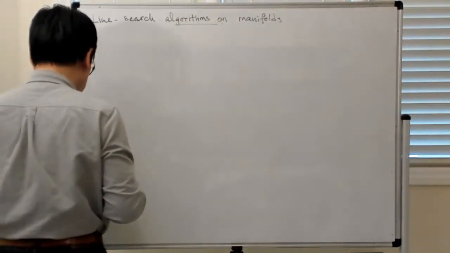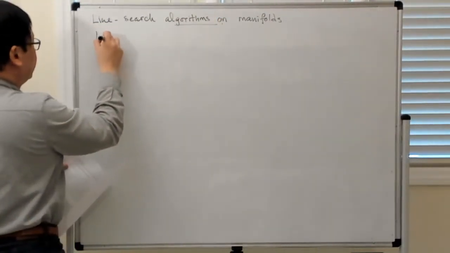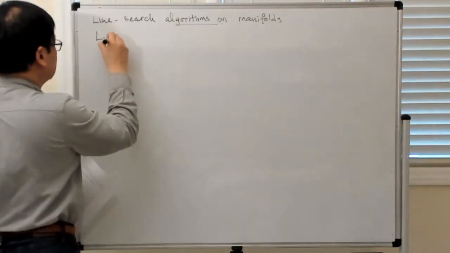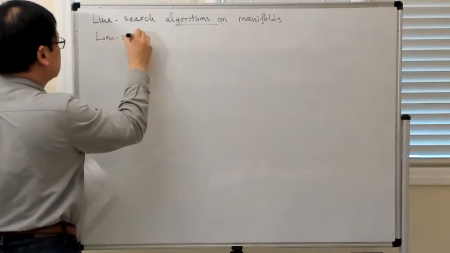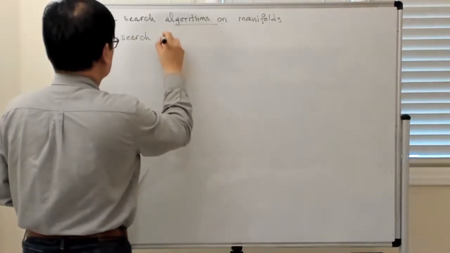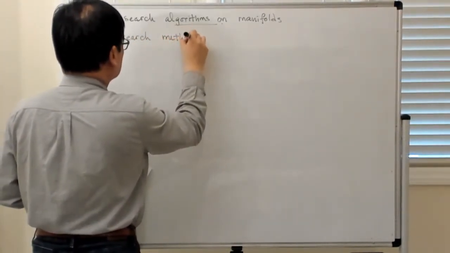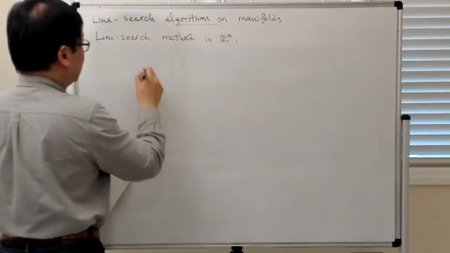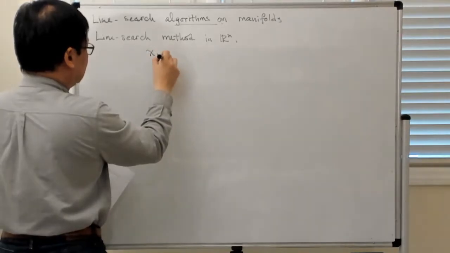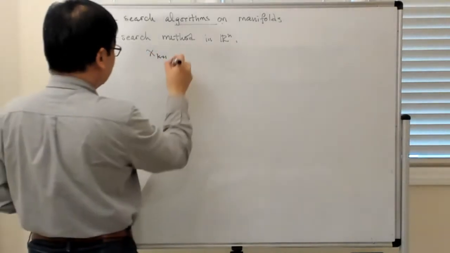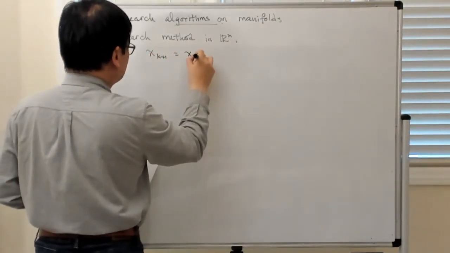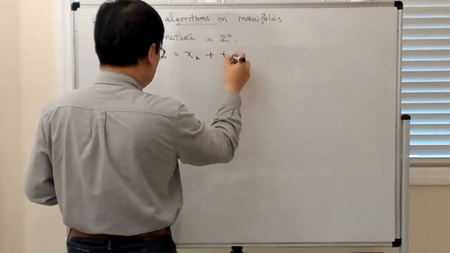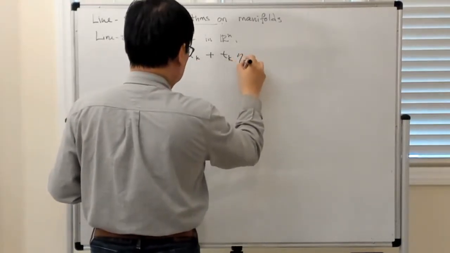Okay, so let's just try to recall what a line search algorithm looks like in R^n. It's based on the following update: the new candidate point for your optimization algorithm is expressed in terms of the old point plus some time step times a search direction.